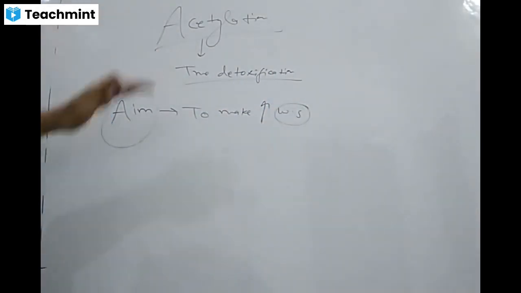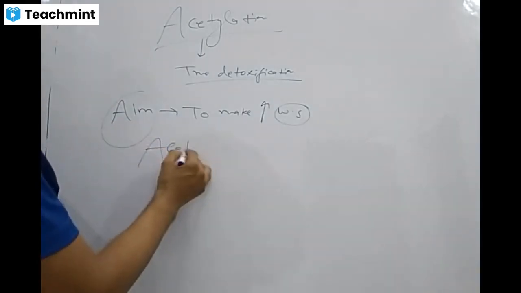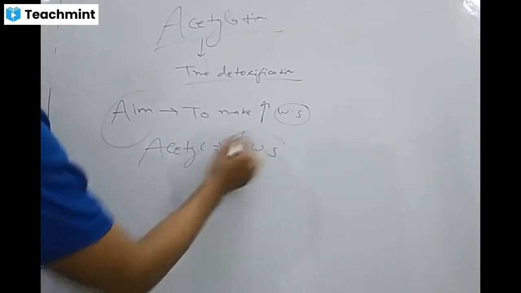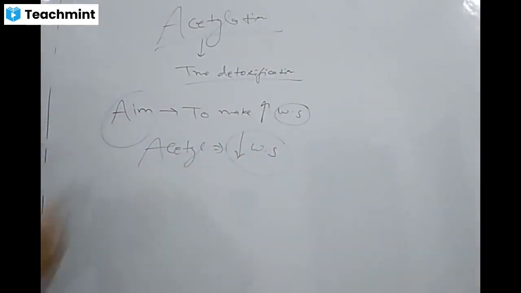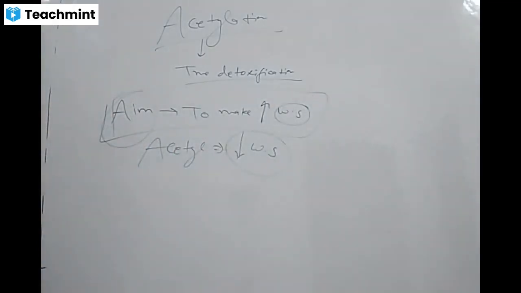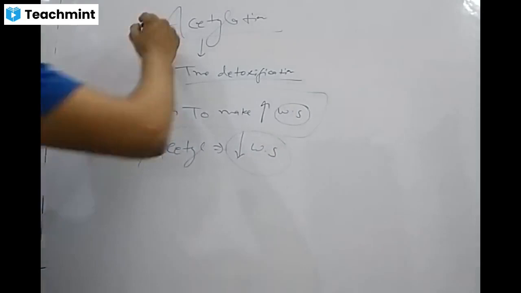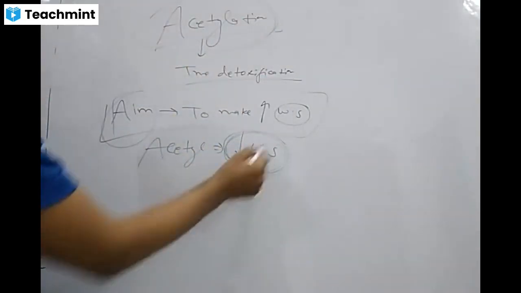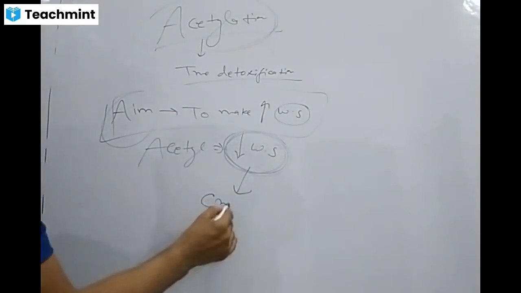This acetylation is not following the aim. What does acetylation do? It decreases the water solubility. So the aim of detoxification is to increase the water solubility. If acetylation is decreasing the water solubility, it is promoting what?